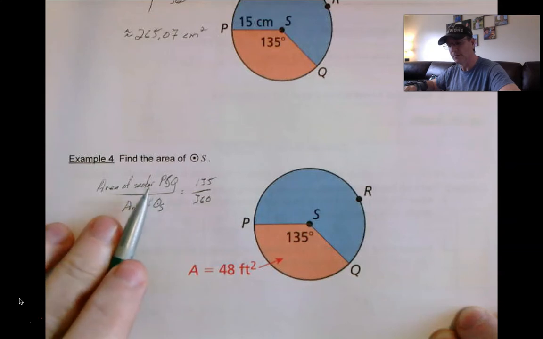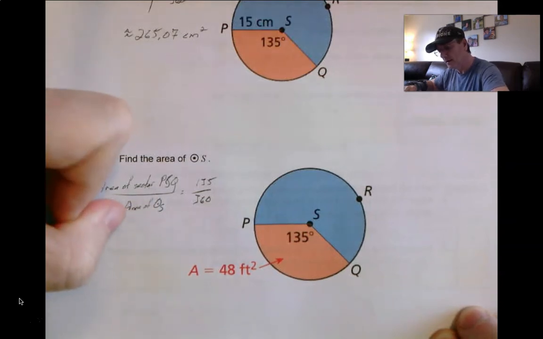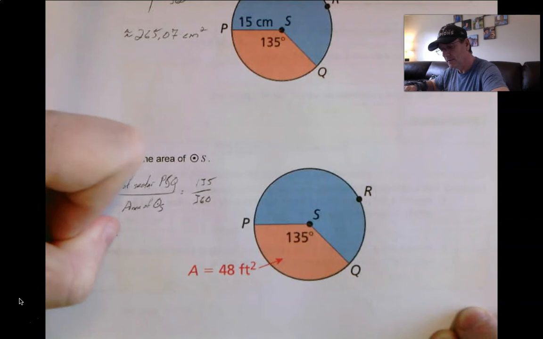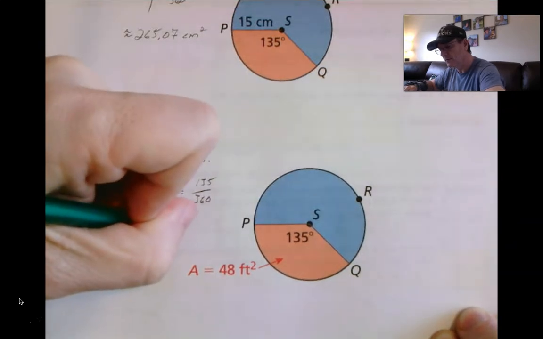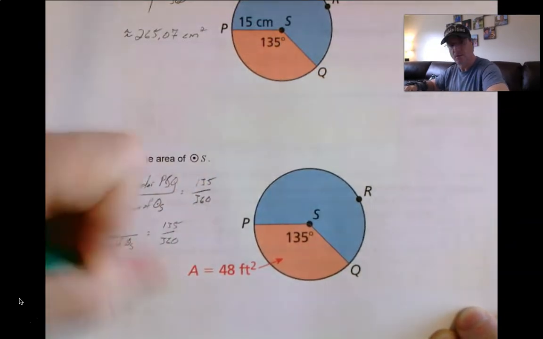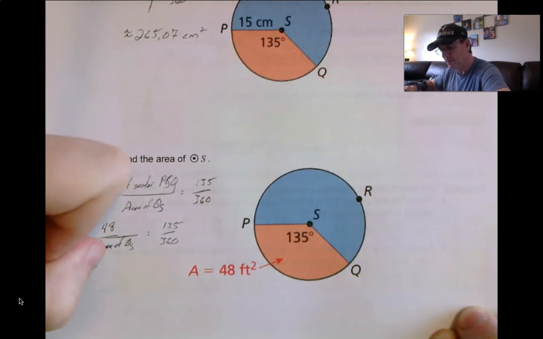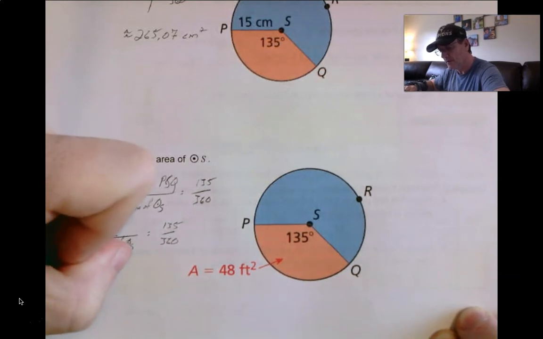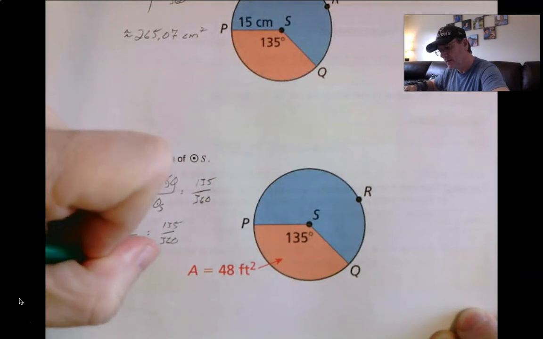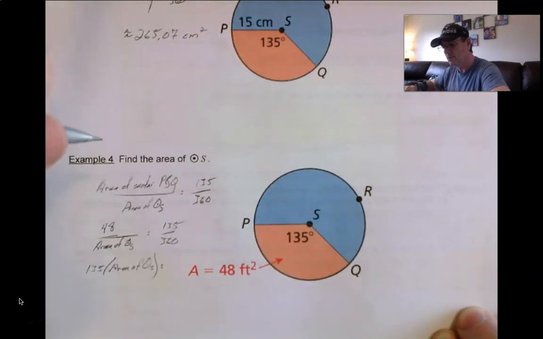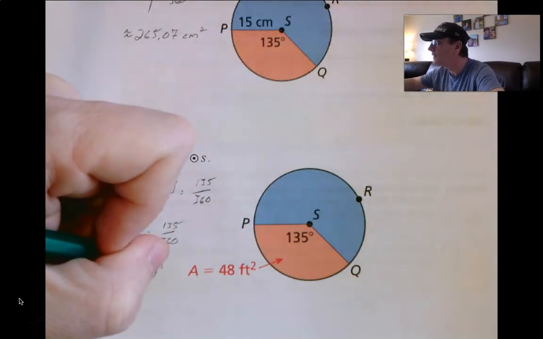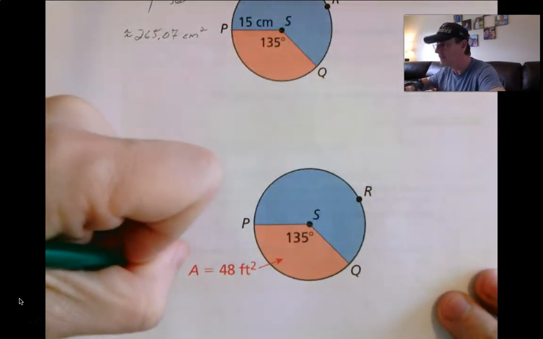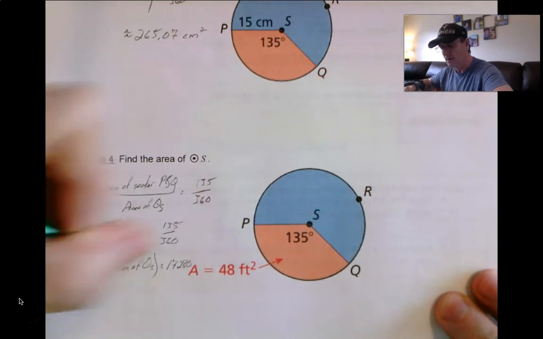48 is going to go into here. 48 over area of circle S equals 135 over 360. Cross multiply. 135 times area of circle S equals 48 times 360, 17,280 divided by 135.